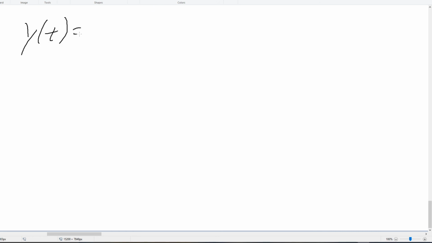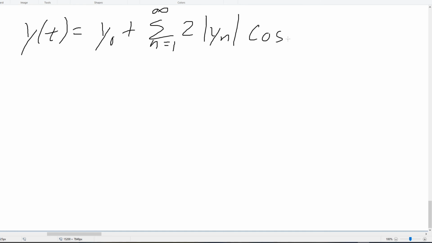yt is equal to, what is yt equal to? Yes, okay, the equation for yt is equal to y0 plus the summation n is equal to 1 to infinity of the absolute value of yn, absolute value sign, cosine, n omega 0 t plus angle of yn.